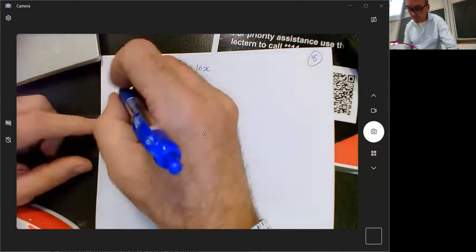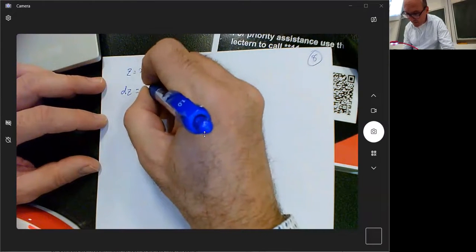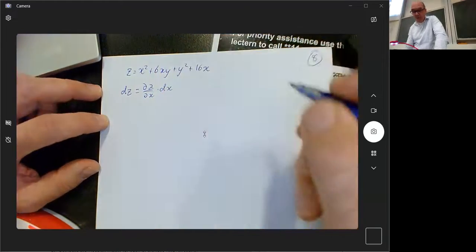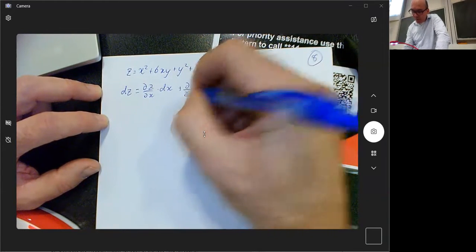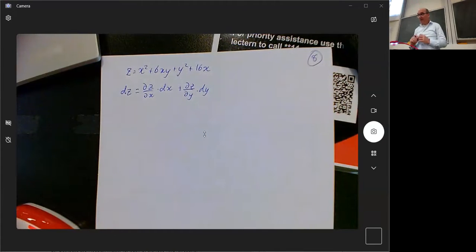So my total differential would be dz is equal to the partial of z with respect to x times a small change in x, plus dz on dy times a small change in y. That's actually the formula for my total differential.